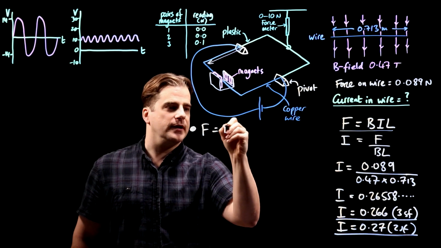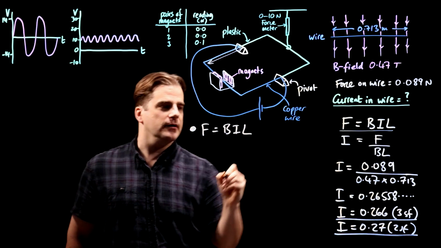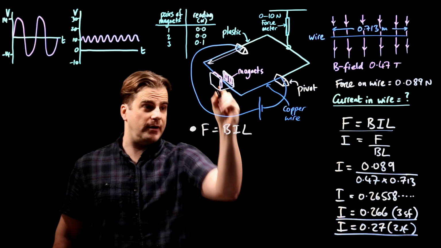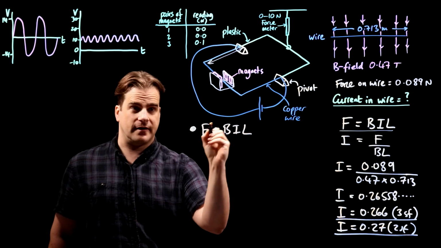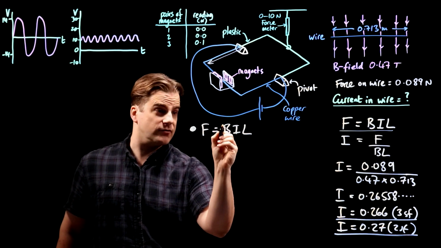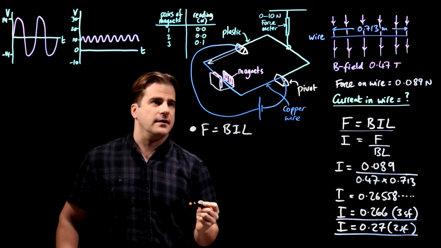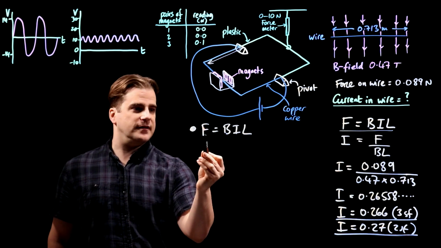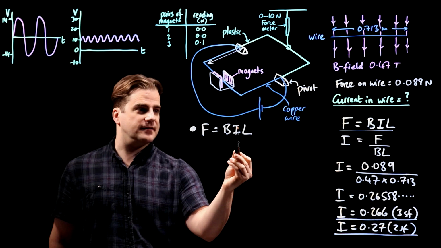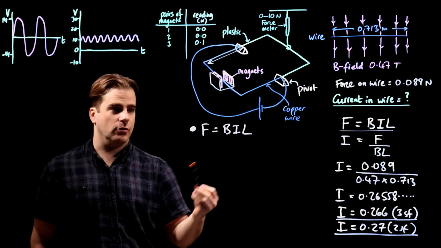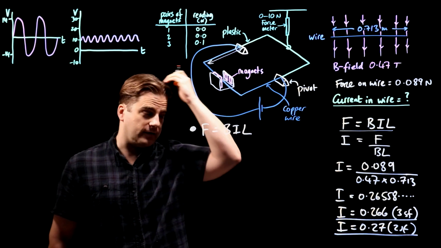F equals B I L. And just write a little sentence saying the force experienced by the wire is according to this equation and therefore depends on the strength of the magnetic field, the current and the length of the wire. Okay, and there's our 3 marks. To increase the force, we have to increase that, or that. Or all 3. Okay, so 3 things, 3 marks.